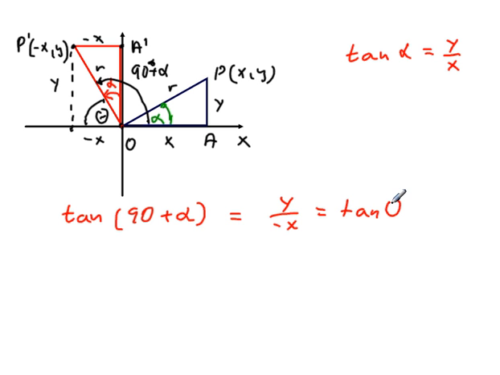But again, we can't really conclude that tangent 90 plus alpha is equal to tangent theta and leave it like that, because it's not really beneficial.